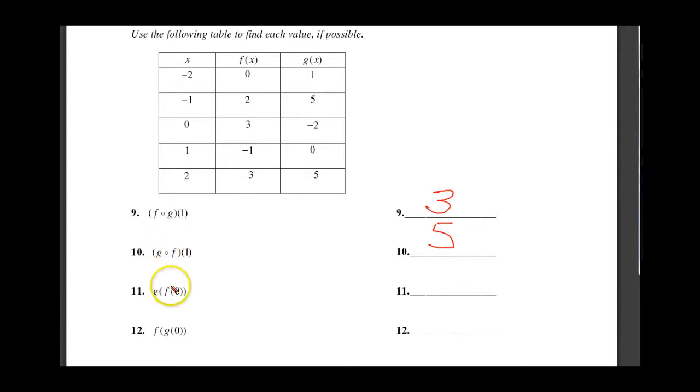So let's do this one again. We're going to 0 right there. Now our f value for 0 is 3. Now we look in our x column, there is no 3. So for this one, it's not defined.